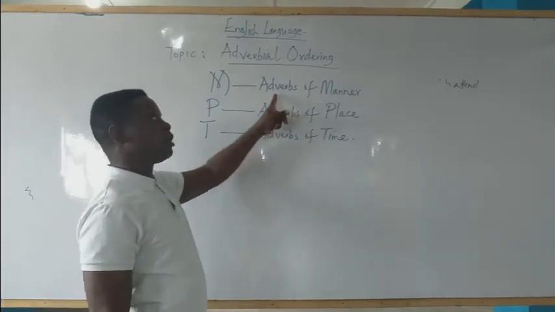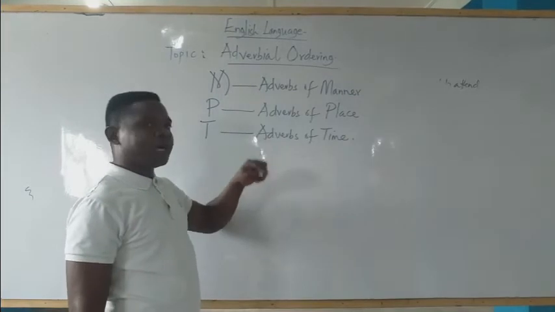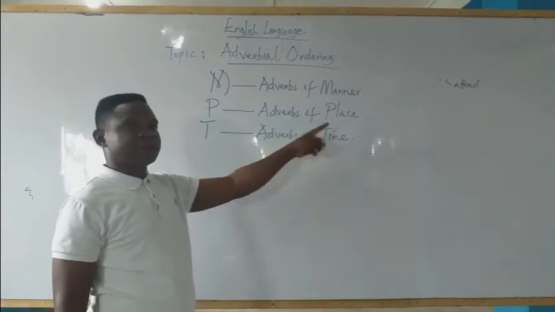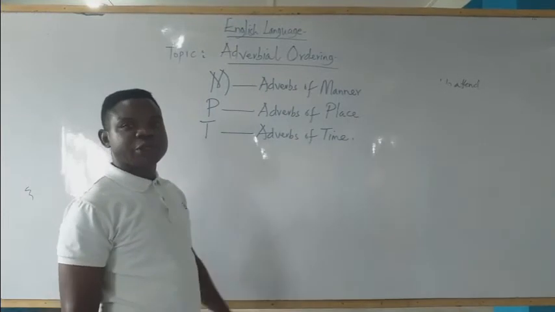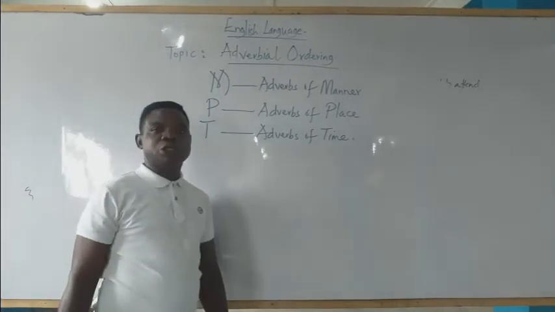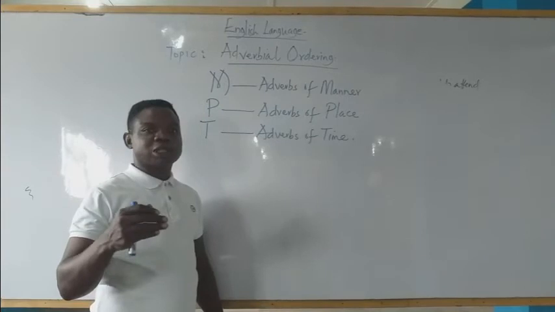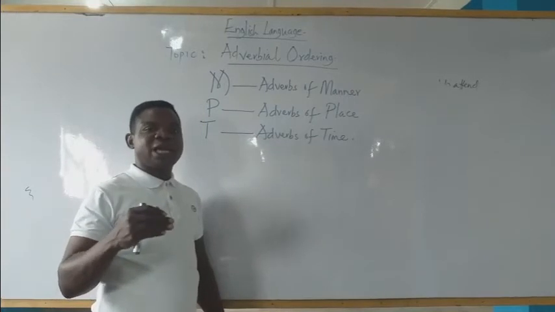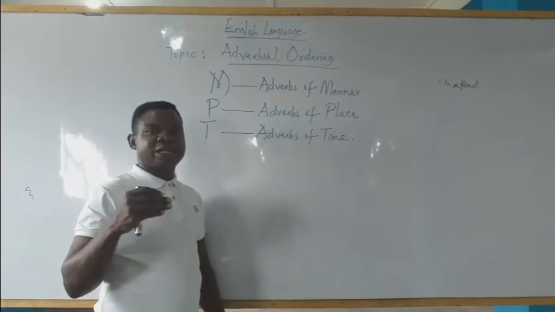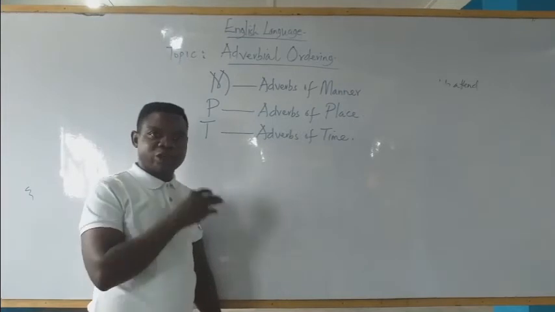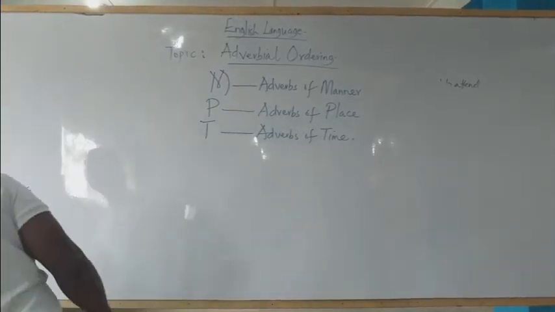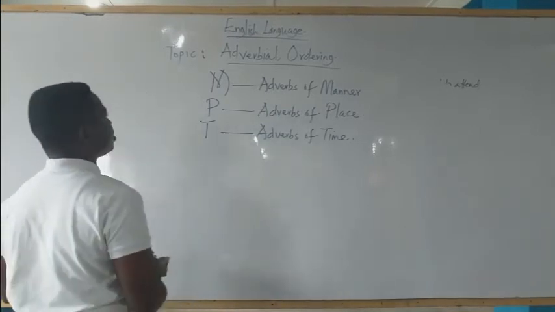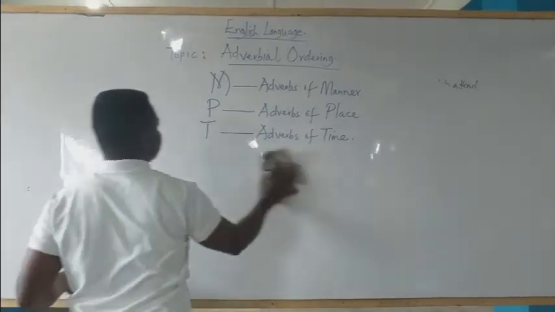So adverbs of manner, followed by adverbs of place, followed by adverbs of time. This is the formula used to arrange adverbs whenever they occur in clusters. So let's see examples from our past questions to buttress this point.